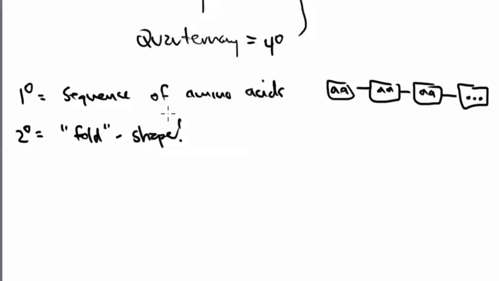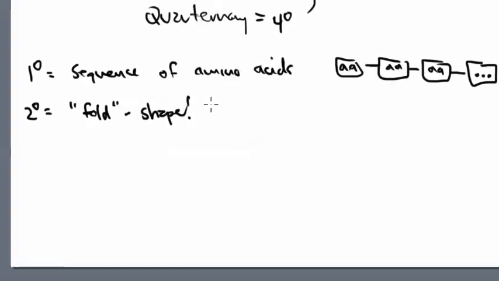So when I take a look at secondary structures of proteins, what I'm looking for is what kind of shapes they are bringing to the table. And there's two different types of secondary structure here. There is one that we call the alpha helix, and then there's one that we call the beta pleated sheet.